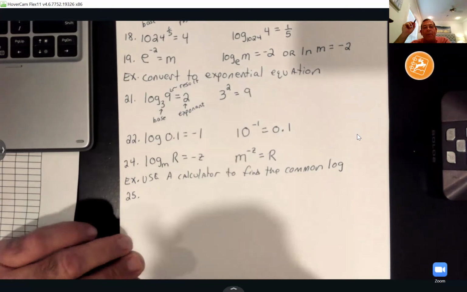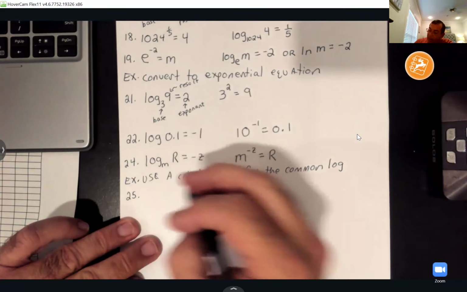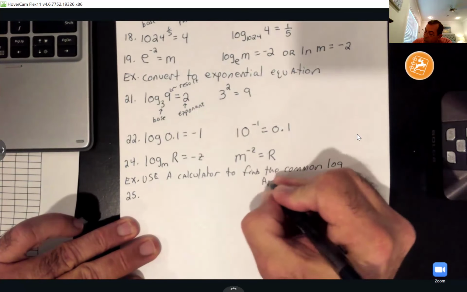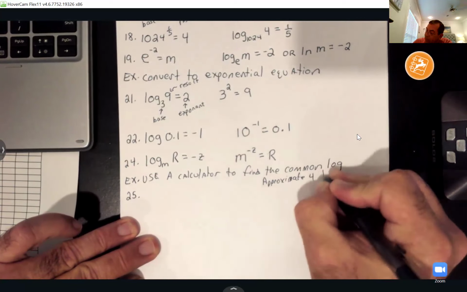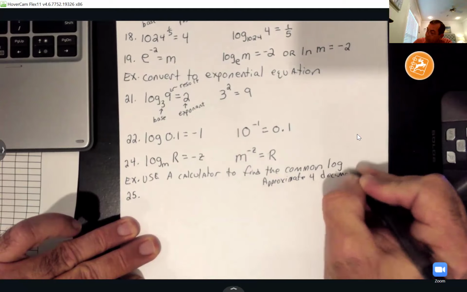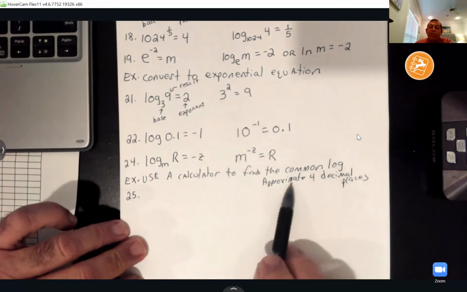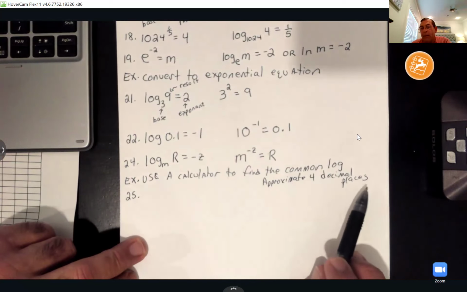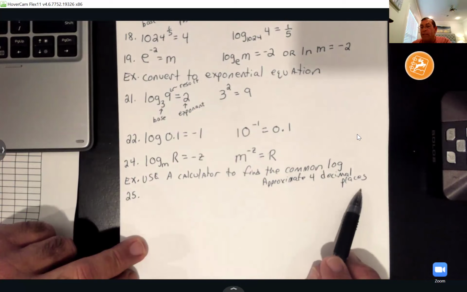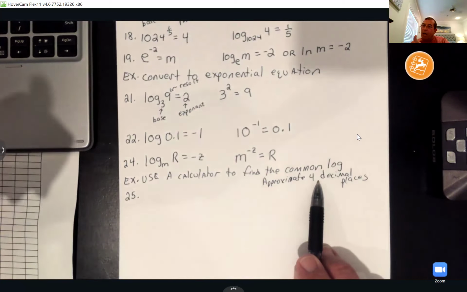All right, so what happens when we got logs of something like this? Now they say approximate 4 decimal places. Which means when you approximate 4 decimal places, you look at the 5th decimal place. If the 5th decimal place is a 5 or greater, you're going to round that 4th decimal place up.